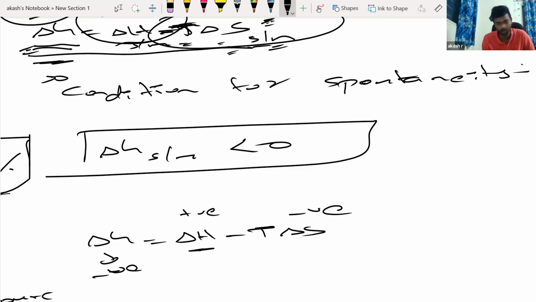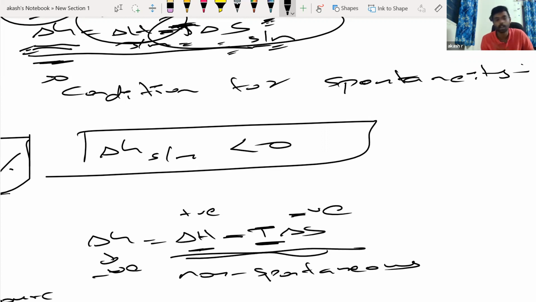This value is positive, so I cannot do anything about it. Now negative into negative is going to become positive, right? So whatever be the temperature, this will be a non-spontaneous process. Whether you increase or decrease the temperature or whatever you do, this entire term cannot become negative. That means this process cannot become spontaneous at all, right?